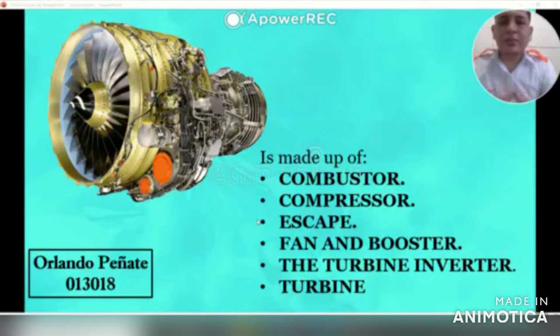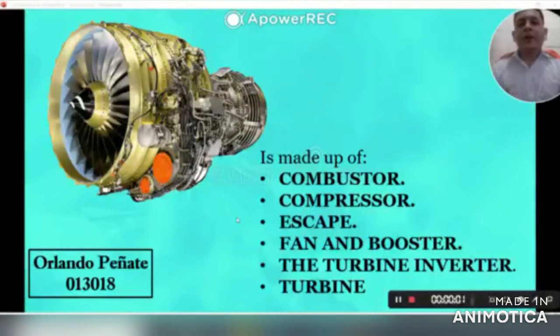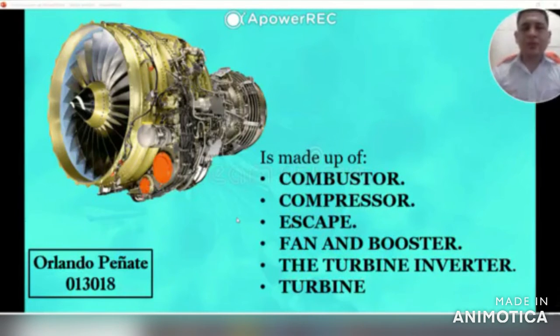CFM tested both the mixed and unmixed exhaust design at the beginning of development. Fan and booster. The CFM56 features a single-stage fan, and most variants have a three-stage booster on the low-pressure shaft, with four stages on the 5B and 5C variants.